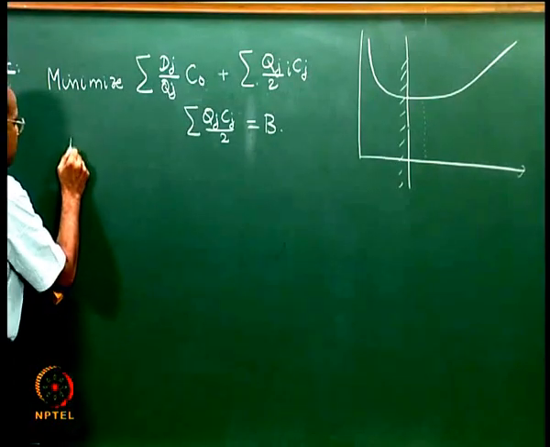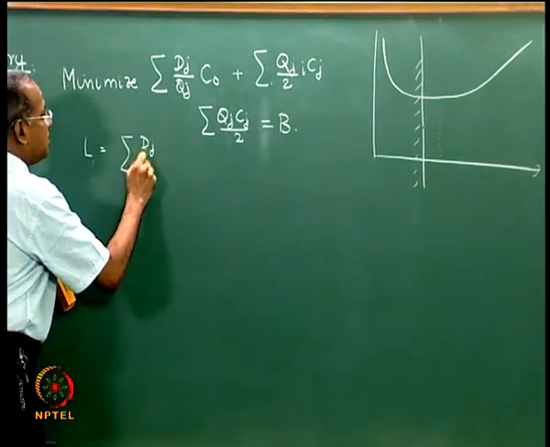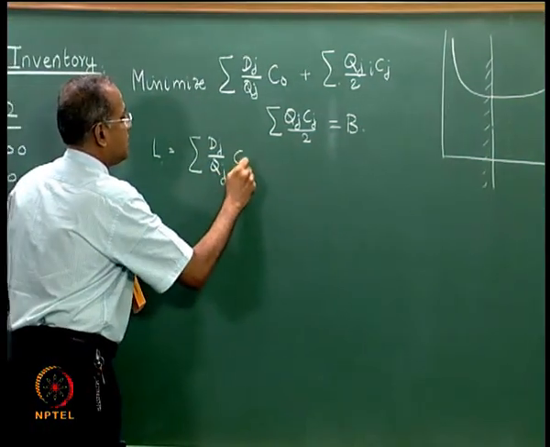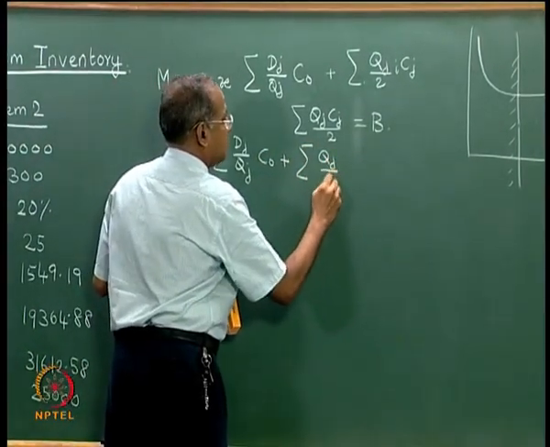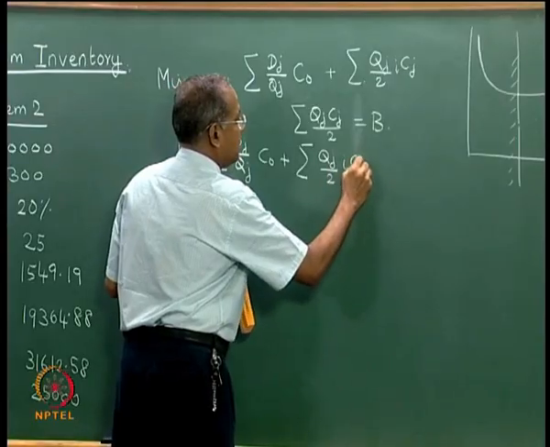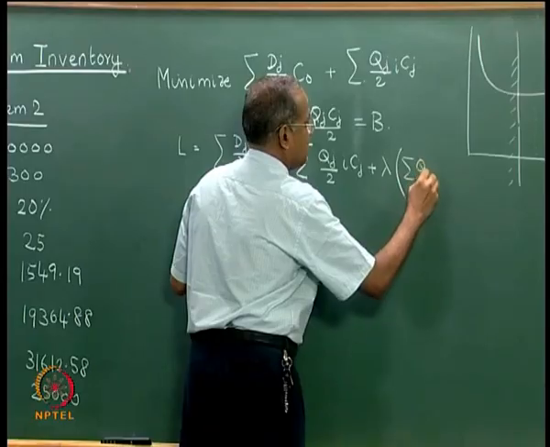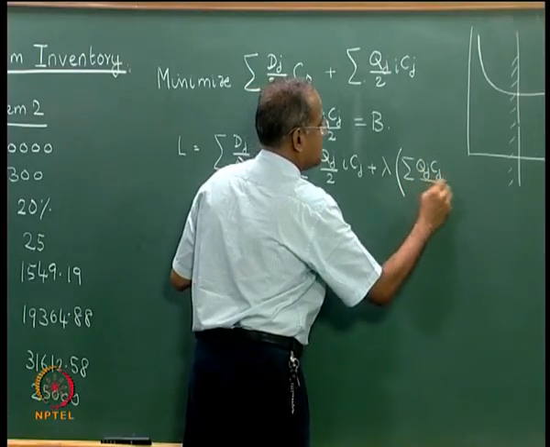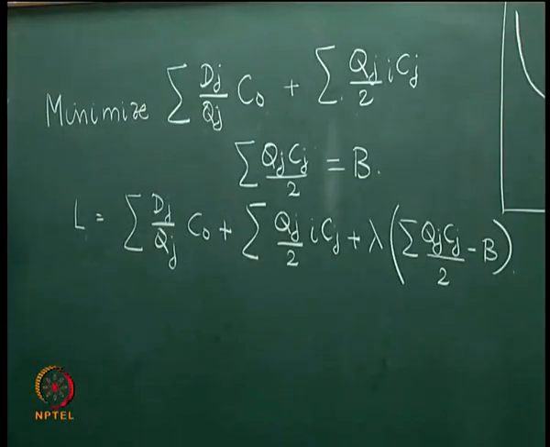So, the Lagrangian problem will become L is equal to sigma dj by qj into c naught plus sigma qj by 2 into I cj plus lambda into sigma qj cj by 2 minus b.